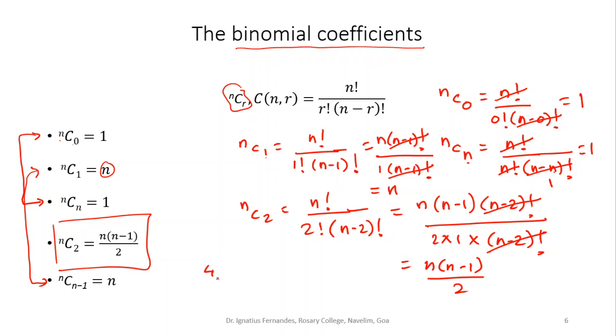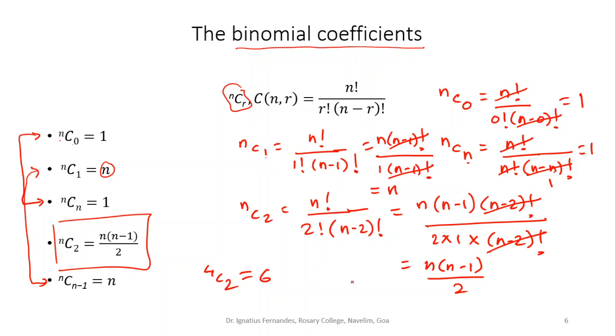Like, say, if I have to find out 4C2, 4C2 will be equal to 4 into 4 minus 1, 4 into 3, that is 12, 12 upon 2, that is directly equal to 6. So we did not waste our time every time putting nCr in terms of the formula and finding the value.